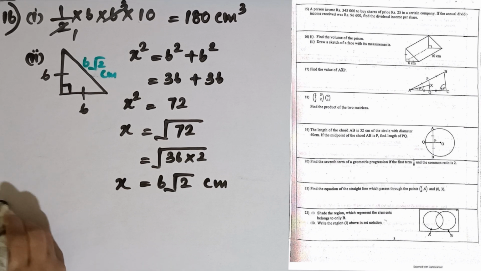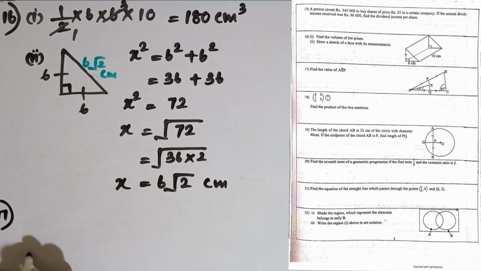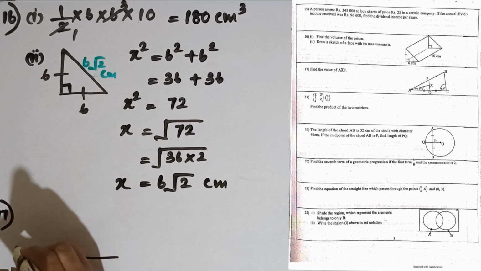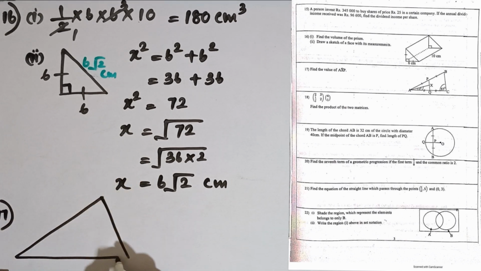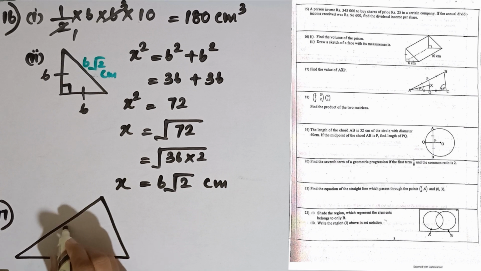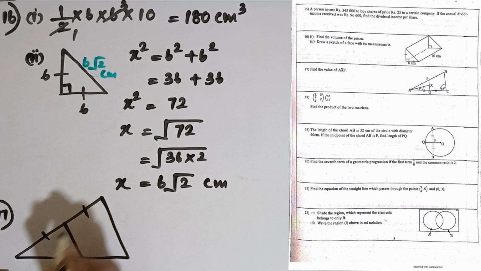Then question number 17. We are given this triangle. These two sides are equal. These two are also equal.